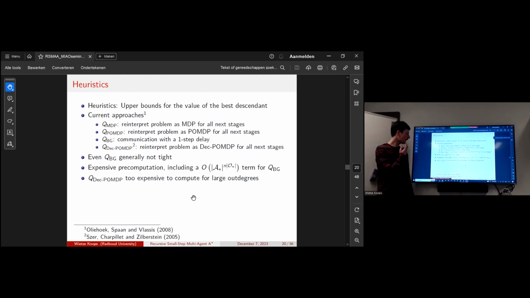And Q-Dec-POMDP is just too expensive to compute or pre-compute, especially for large outdegrees, because you need to compute some type of heuristic for every node that you're expanding. And this Dec-POMDP heuristic is quite expensive to compute. But that changes once you have this small step search tree.